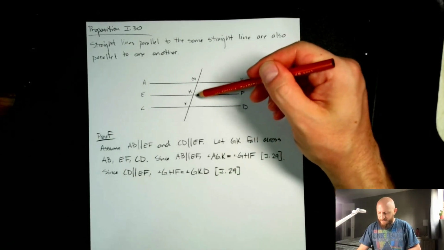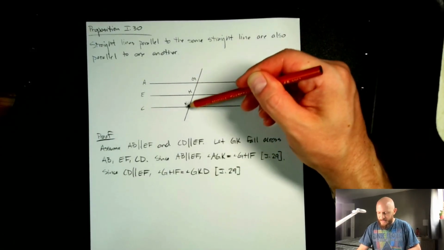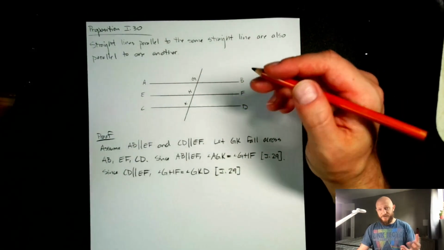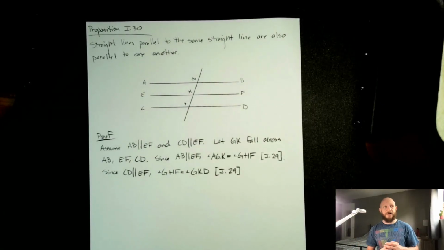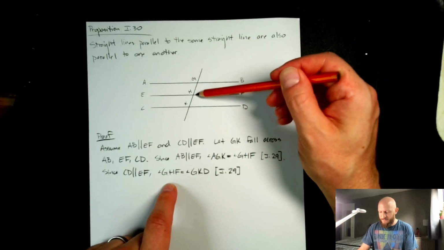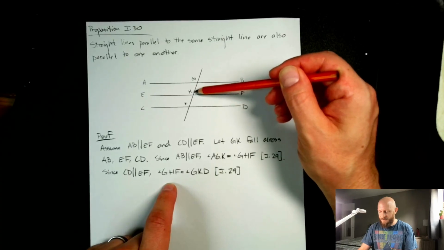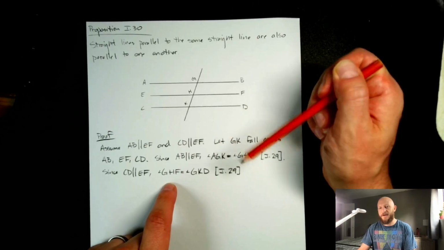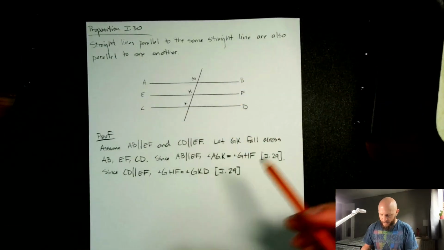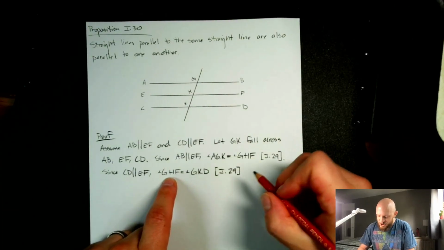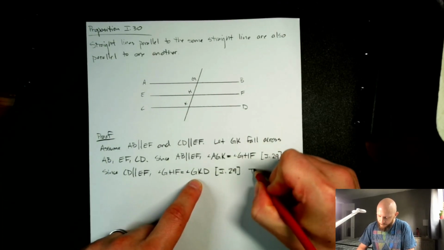So GHF is right in here, GKD is right down here. So Prop 29 established sort of three different conditions that are met if two lines are parallel, and this is one of them, is that GHF, so this sort of interior angle here, is equal to GKD, the interior angle on the same side.